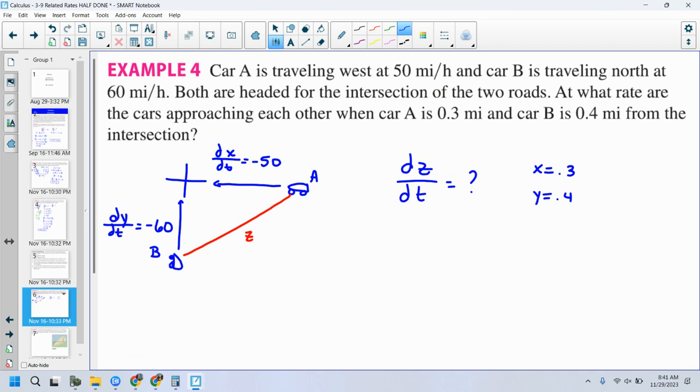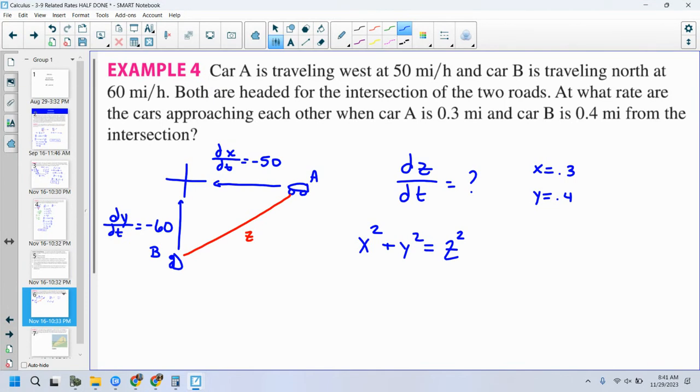Now, how do I relate x, y, and z together? Pythagorean, right? x squared plus y squared equals z squared. I can relate those together.